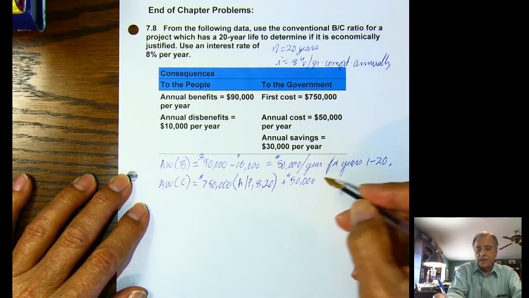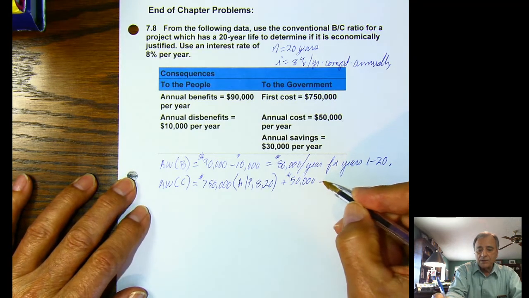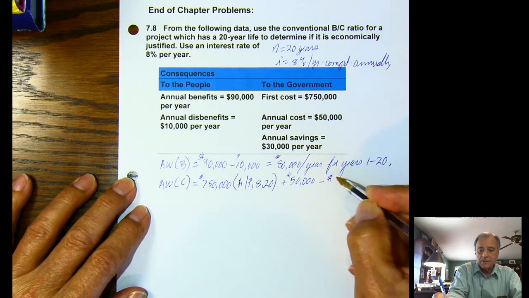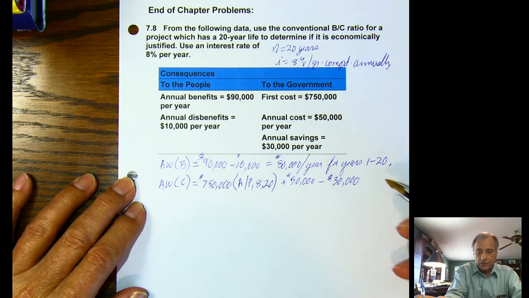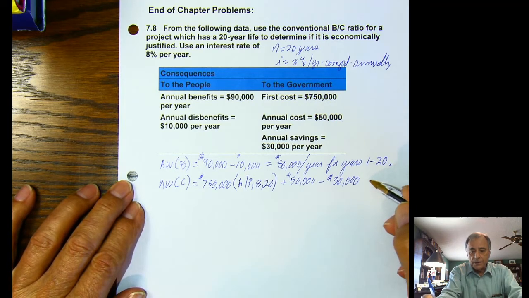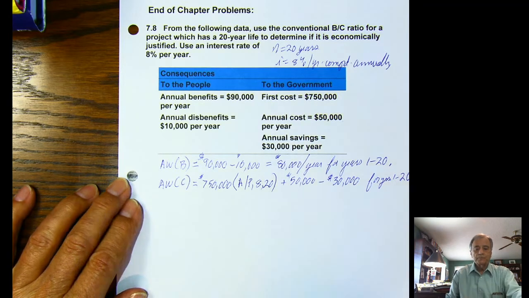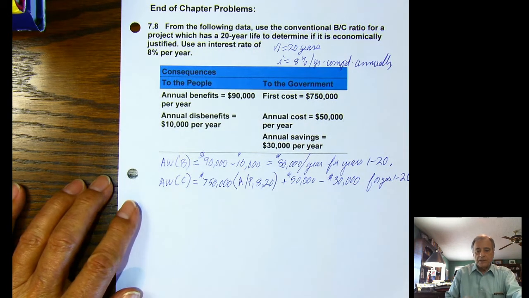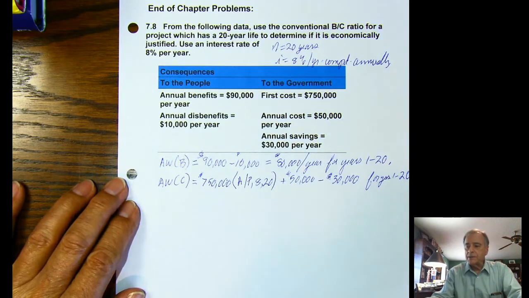And then we have an annual savings. So I'm going to subtract that savings, $30,000 per year for 20 years. So all of this is per year for years 1 through 20. So let's do the calculations.